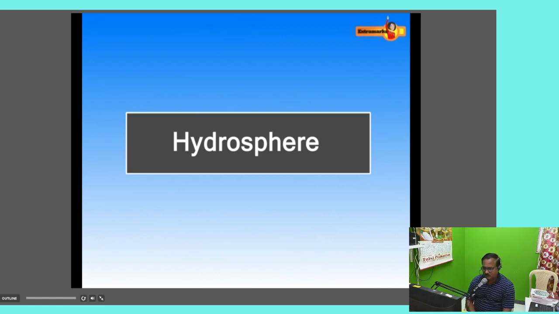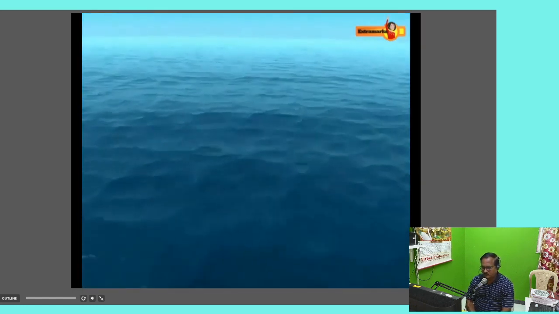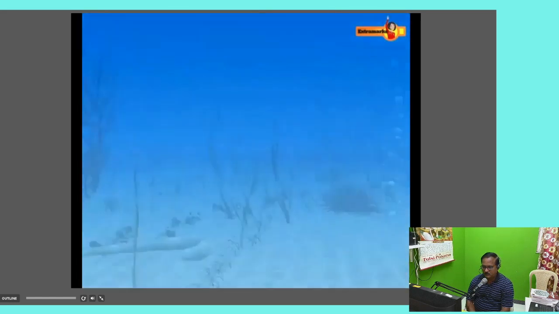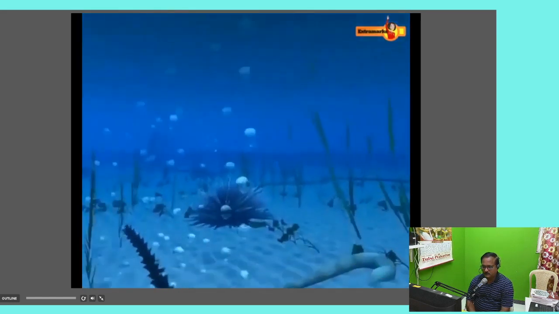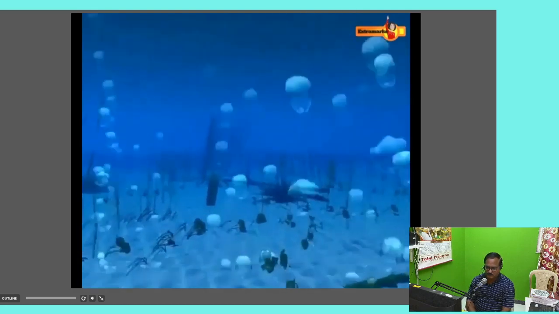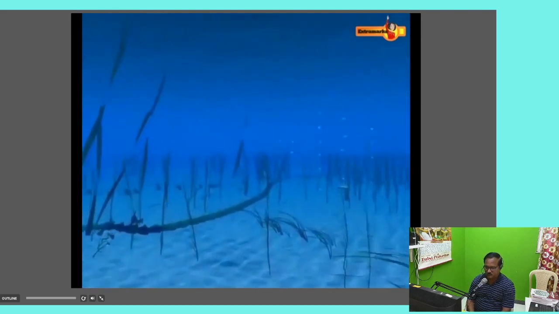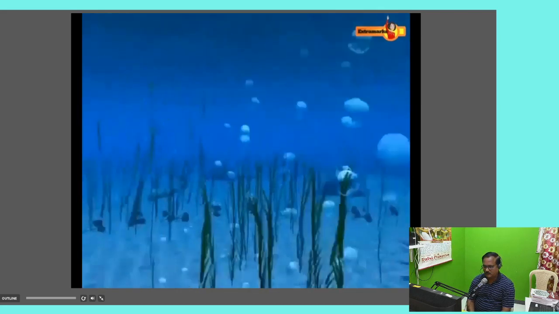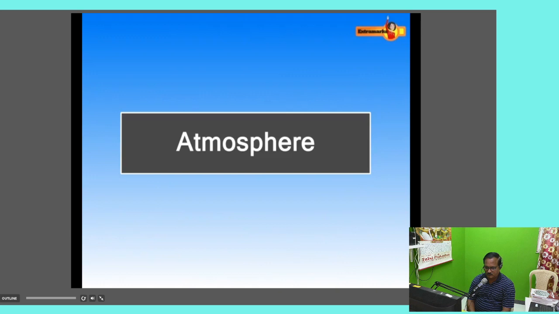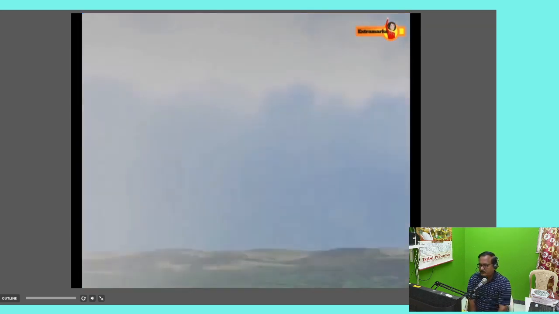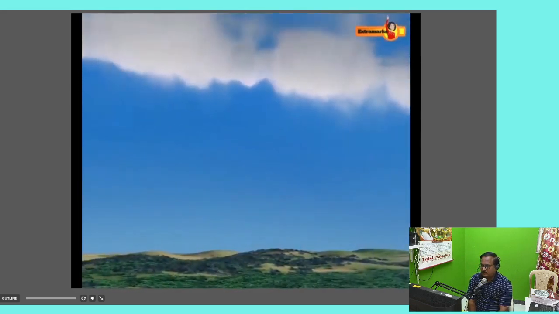Hydrosphere. The hydrosphere is composed of all the water on or near the Earth. This includes the oceans, rivers, lakes, and even the moisture in the air. Atmosphere. The atmosphere is the thin layer of air that surrounds our planet.